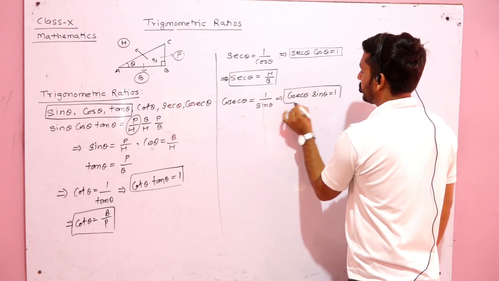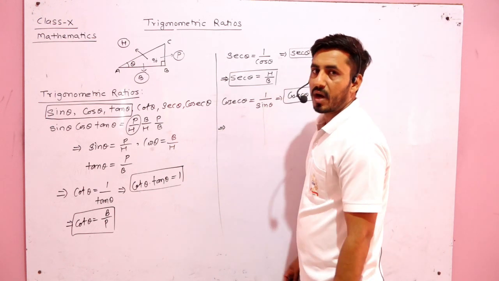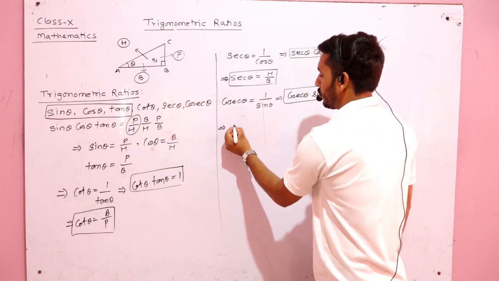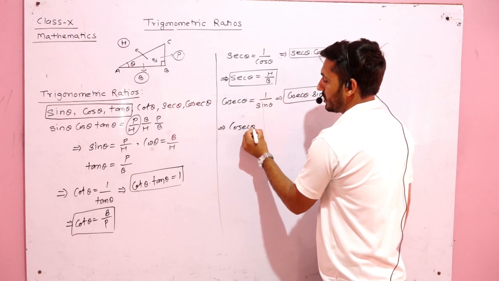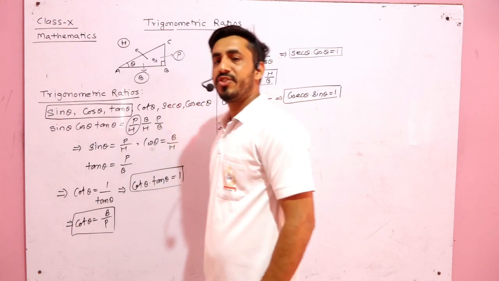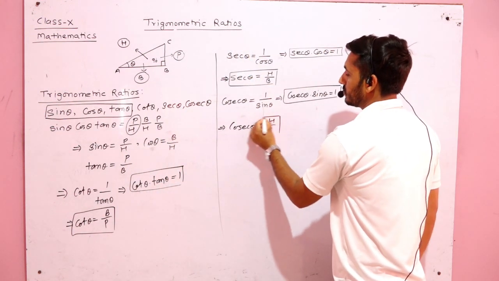The next relation is obtained. And if I want to find cosec theta in terms of sides, then cosec theta will be the opposite of sin theta, and the value of sin theta is P upon H. Then cosec theta will be H upon P.